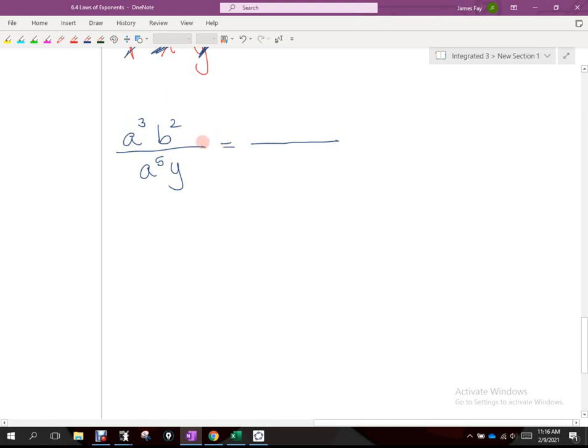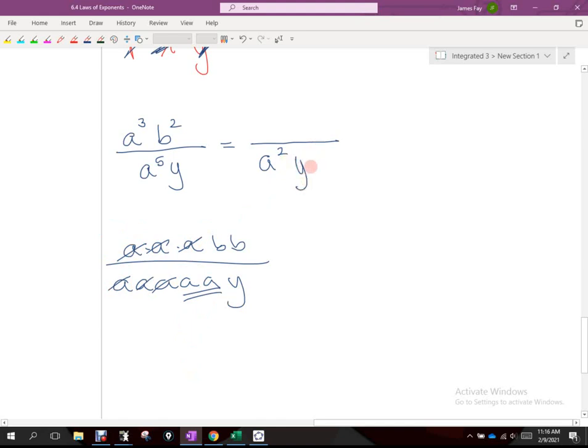Be a squared, but they're going to be left on the bottom or they're going to be left on top? They're going to be left on the bottom. Because if I expand this, it'd be a times a times a, b times b on top. On the bottom, a times a times a times a times a times y. Cancel, cancel, cancel. You're left with two a's on the bottom, right? So it'd be a squared on the bottom times y, b squared on the top.